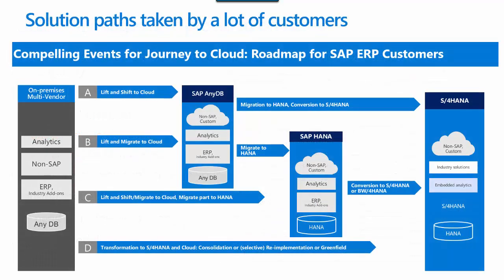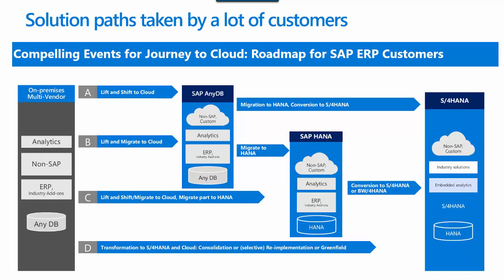Now, I spoke about the possible migration paths earlier. You see on this slide, there are a number of different possibilities from left to right. If you're running ERP on any DB on premises, you could take an interim step of keeping your ERP applications on any DB and move to Azure.